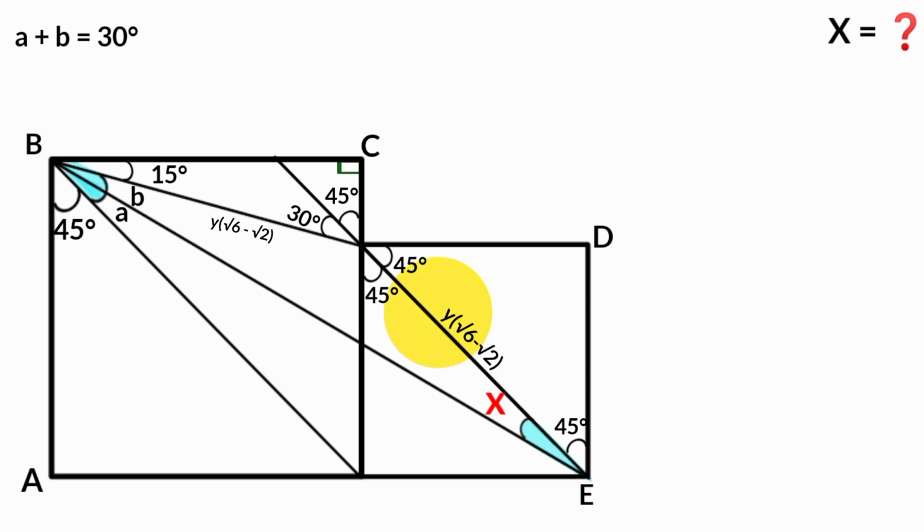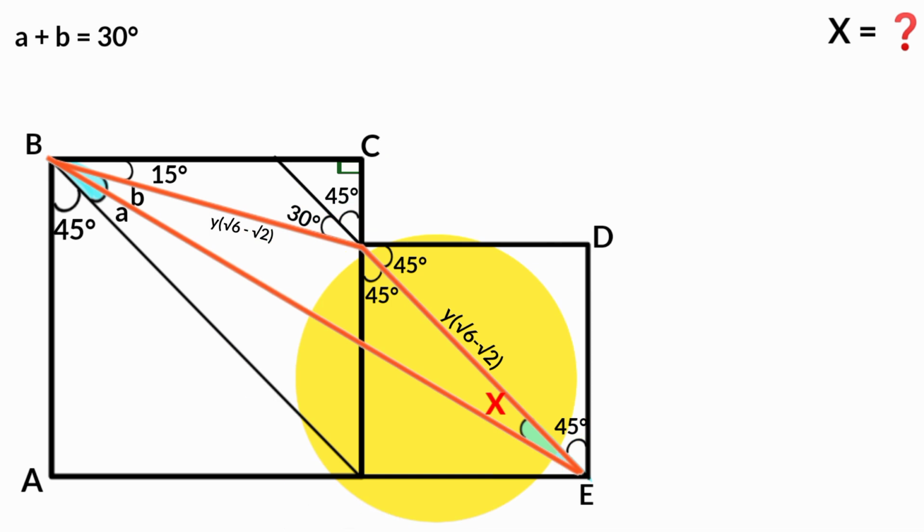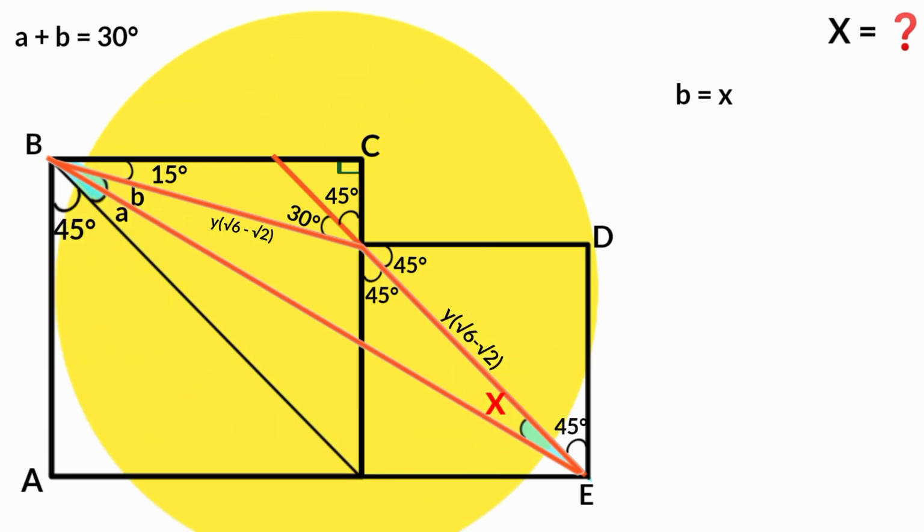And recall, we have this side also having the same length. That is, this triangle is an isosceles triangle, with this angle x and this angle as the base angles. The base angles of an isosceles triangle we know are equal, so b equals x. Now if you look, this angle is an exterior angle of this triangle. We know that the exterior angle of a triangle is equal to the sum of the two opposite interior angles.